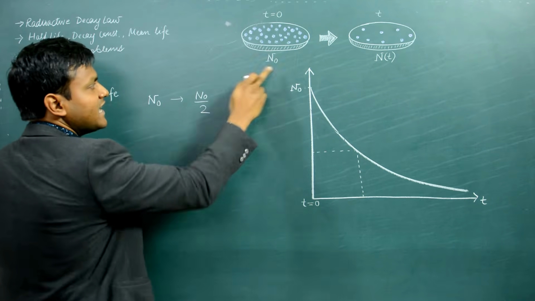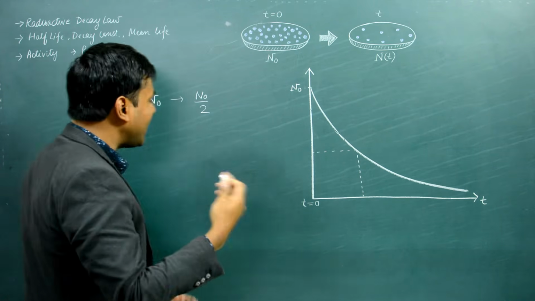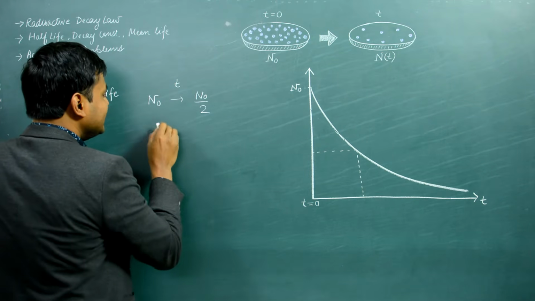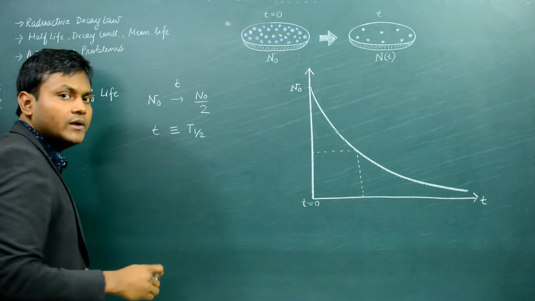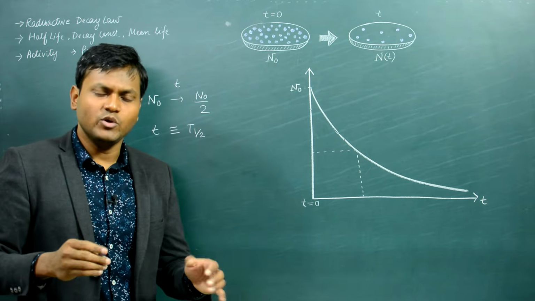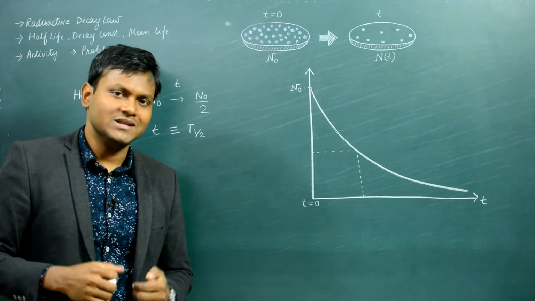So if the sample has n naught particles initially and it becomes n naught by 2 after some time period, then that time period is nothing but the half-life of that particular species. Quite simple. So in the half-life, the number of samples becomes half its original size.